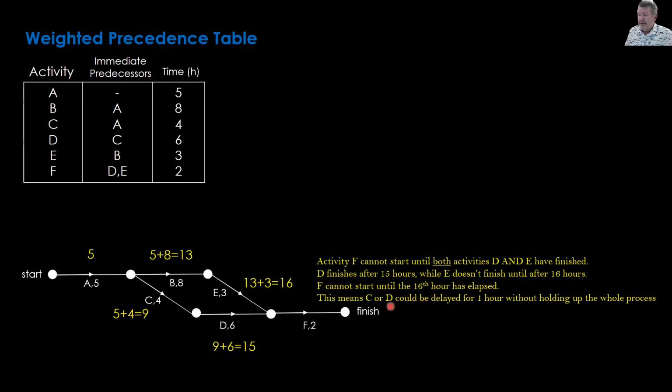So that means we've got an hour of play in here. We don't have to think about what we do down here for an hour. We can go have a cup of tea in one of these activities. F must start at 16, goes for 2, and gives a total for all the activities combined of 18 hours.